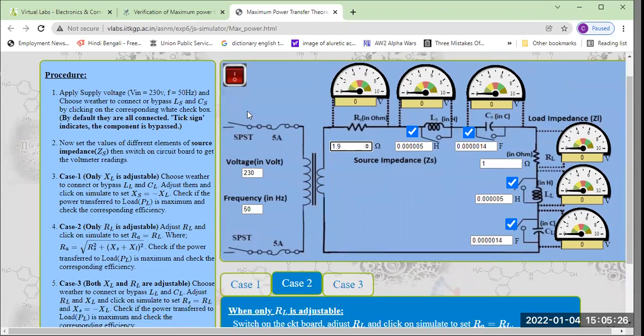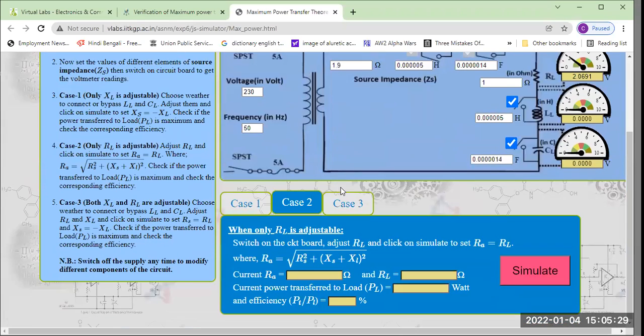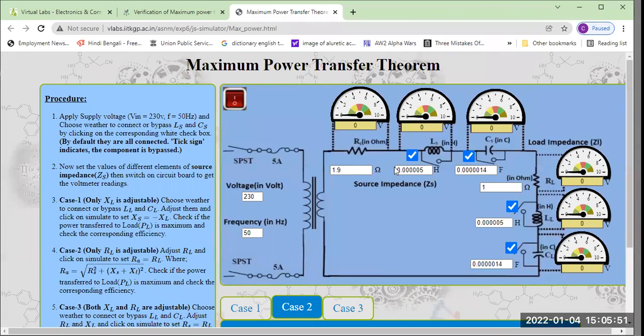Okay, just simulate. You can see, as this RA and RL are not same, then the efficiency will be under 50%. But in the previous case, with the same circuit, the efficiency was 50%. So again, we have to adjust this so that it should be 1.9.